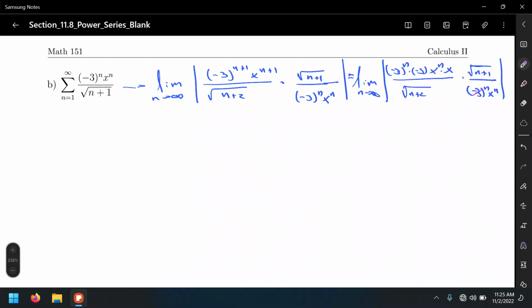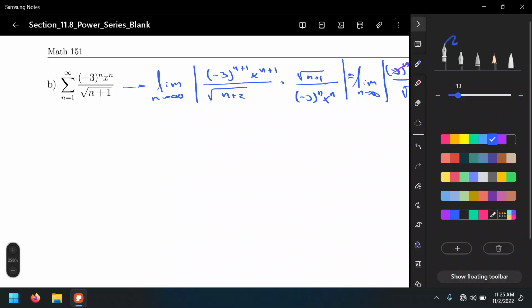We can already divide out the (-3)^n's. We can divide out the x^n's. And I think that's about it for now. So that's going to leave us with the following.